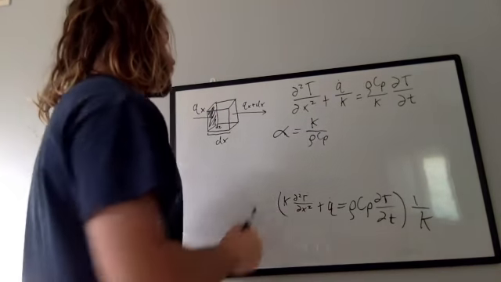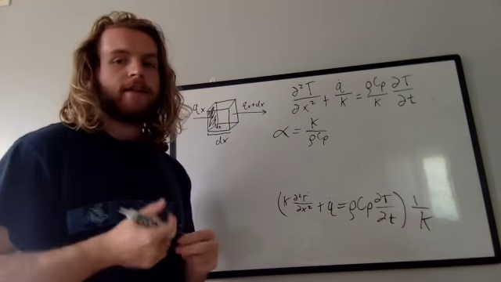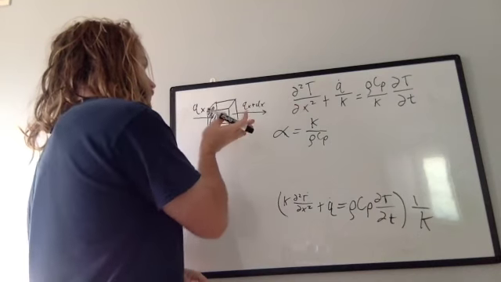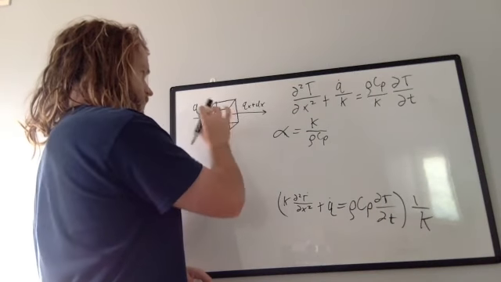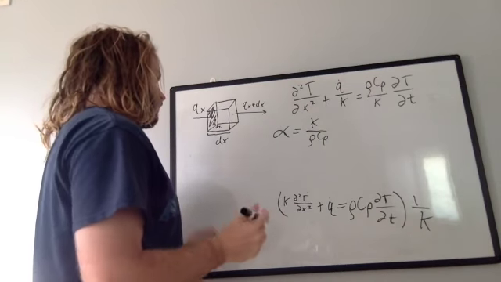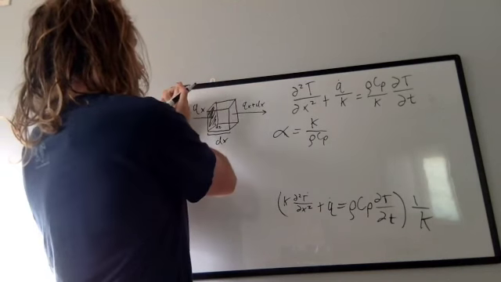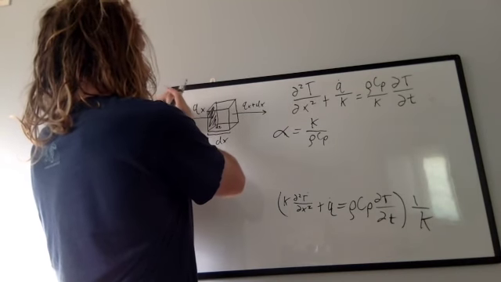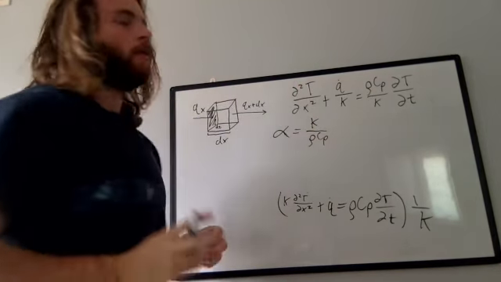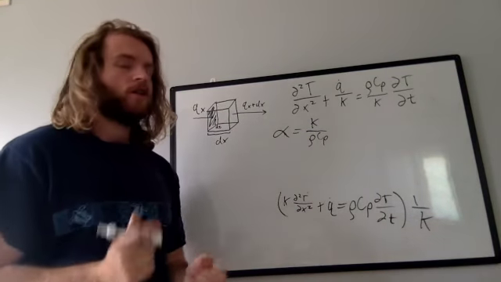And pretty much what this symbol represents as a whole is how this heat is going to diffuse through our specific volume right here. So say you had a flame over here and you wanted to see how the heat is going to diffuse and at what rate it is going to diffuse. This is the symbol that represents that relationship right there.